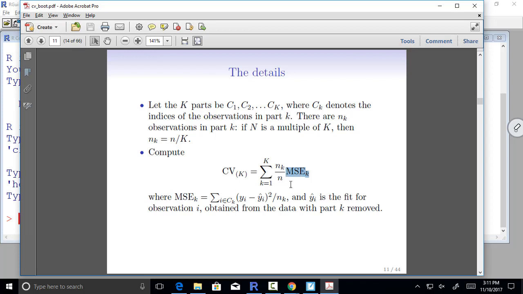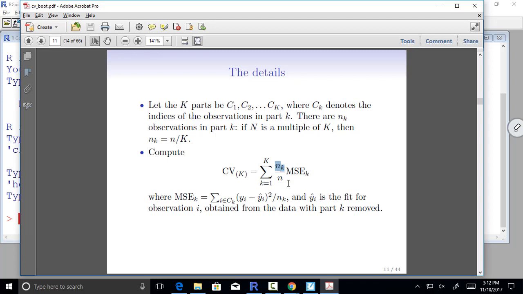The specifics here is that we do a weighted average. If there's n sub k test individuals in the kth cross-validation fold, then this is the weighted average that we will use.